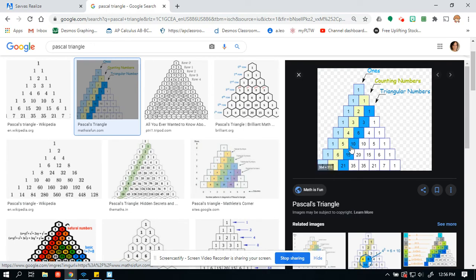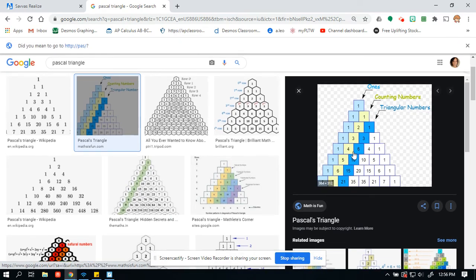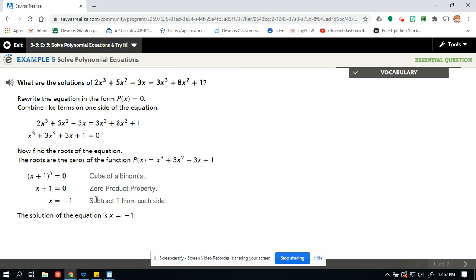Then this is 1, 3, 6, 10, 15, 21, which are triangular numbers, and so on and so forth. But I would know the 1, 4, 6, 4, 1, at least up to there, so that you can identify if you do have a cube of a binomial, or an nth power of a binomial.